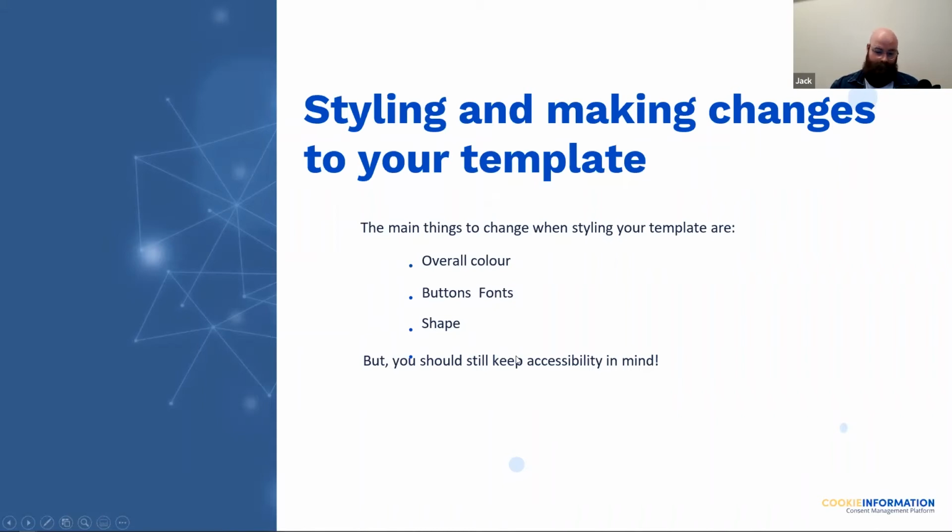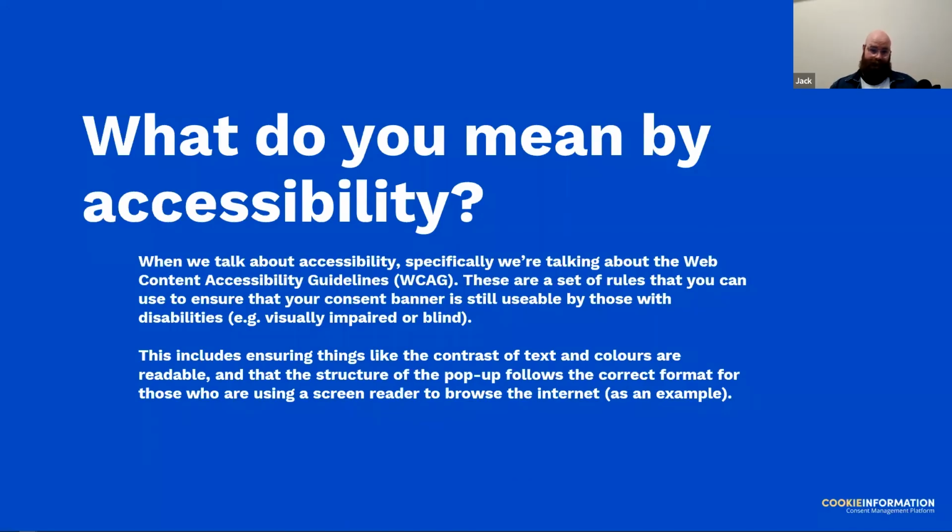But you should always keep accessibility in mind. And you might wonder, well, what exactly is accessibility? So we'll have a quick discussion about that. Accessibility, essentially, or in this particular case, refers to Web Content Accessibility Guidelines, or WCAG, if you like your acronyms.